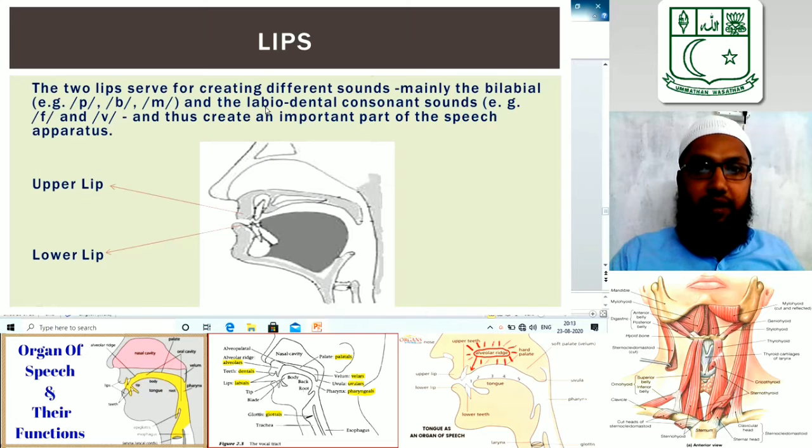Then labiodental consonant. Labiodental consonant is produced by the action of the lower lip against the upper teeth. For example, fa, va, and thus create an important part of the speech apparatus. Here you can see the structure: upper lip and lower lip. This is bilabial, and labiodental is lower lip and upper teeth.